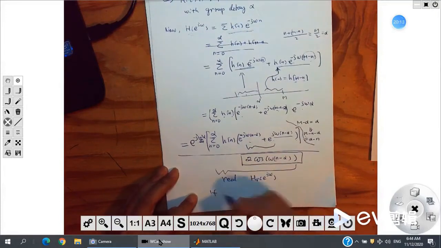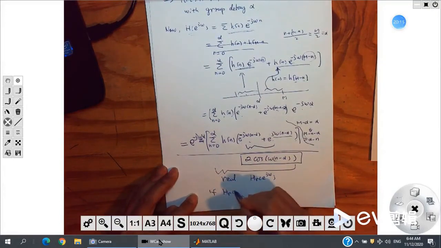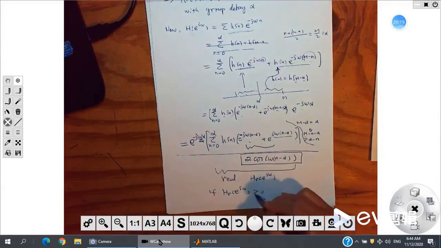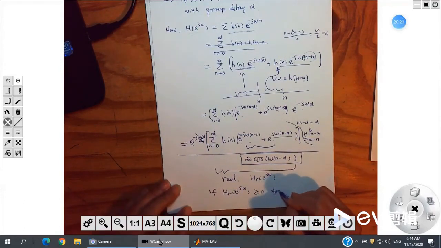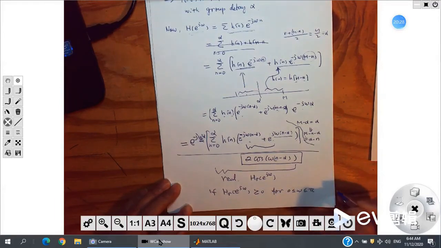If H_r of e to the j omega is larger than or equal to 0 for any omega, then H of z is linear phase.